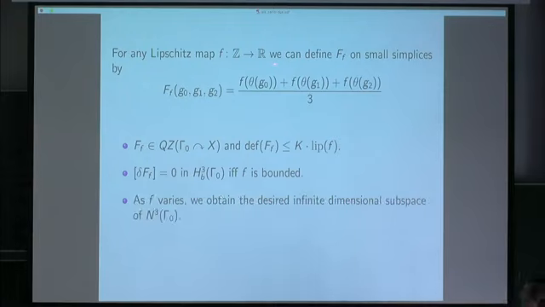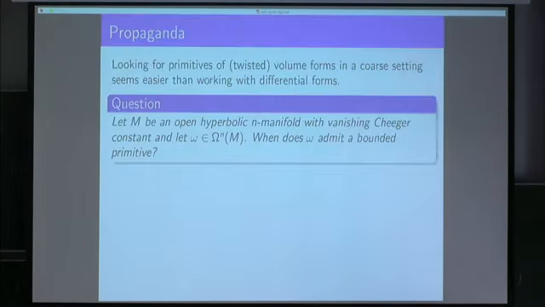And by letting f vary, we obtain the desired infinite dimensional subspace that we were looking for. Just in the last minute, this basically finishes the proof, because we have constructed our discrete volume form.